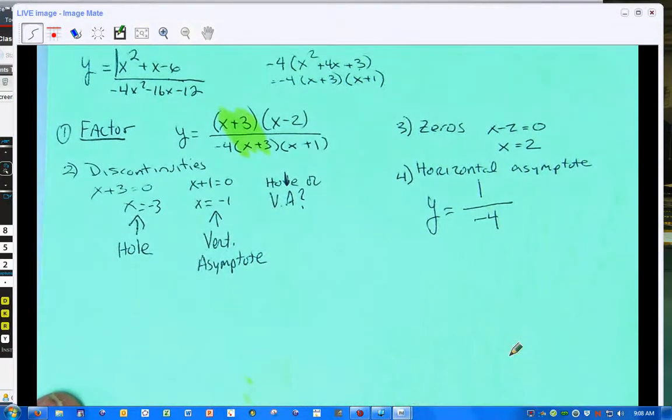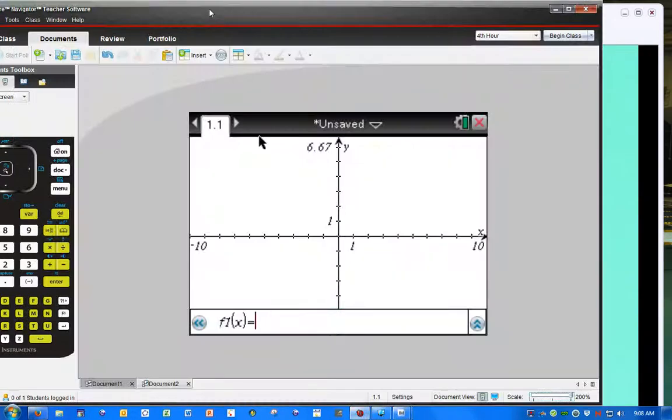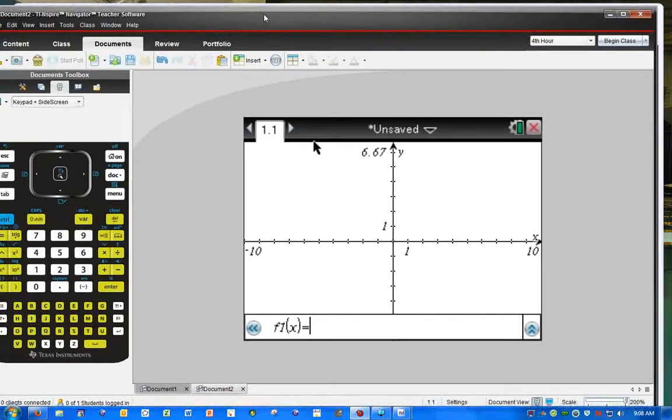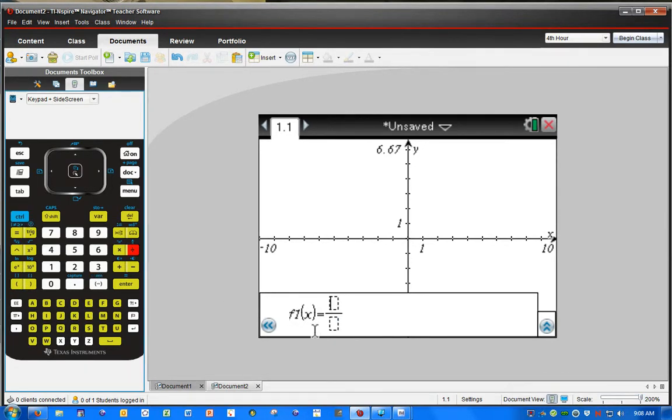Now, the next thing that we want to do is get into the graphing calculator. And here's the graphing calculator. I want to type in the original equation, so I need a rational situation.